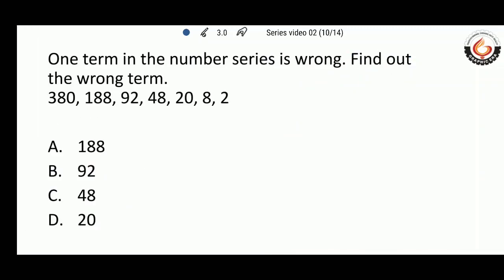Now, in series questions, there could be a type of question in which we have to find a wrong one. Complete series would be given. You have to find which number is disturbing the series. Now this is an example of decreasing series. The pattern which I can find is, if I divide 380 by 2 and subtract 2, we can get 188.